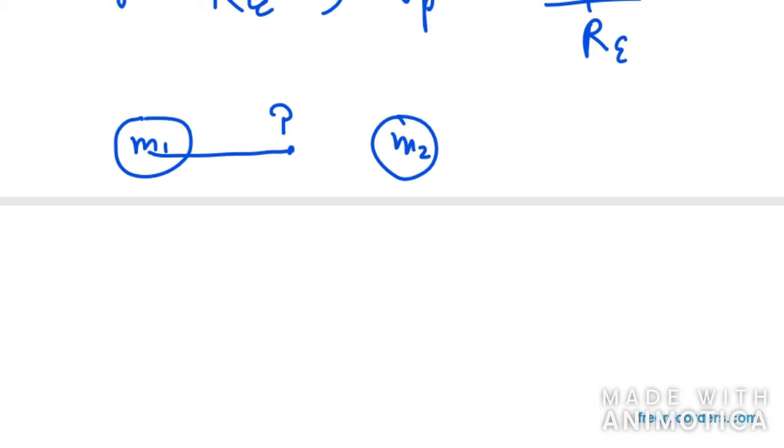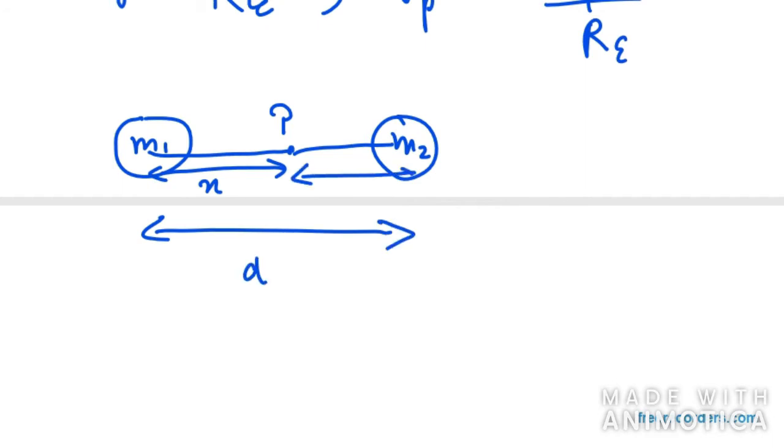Now let the distance between m1 and P be x, and the whole distance let us consider is d. So that means this distance will be d minus x, and this is my object A and this is my object B.